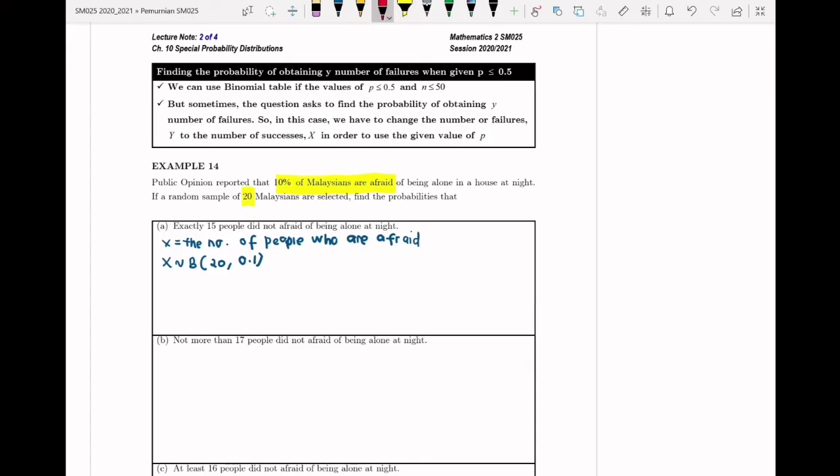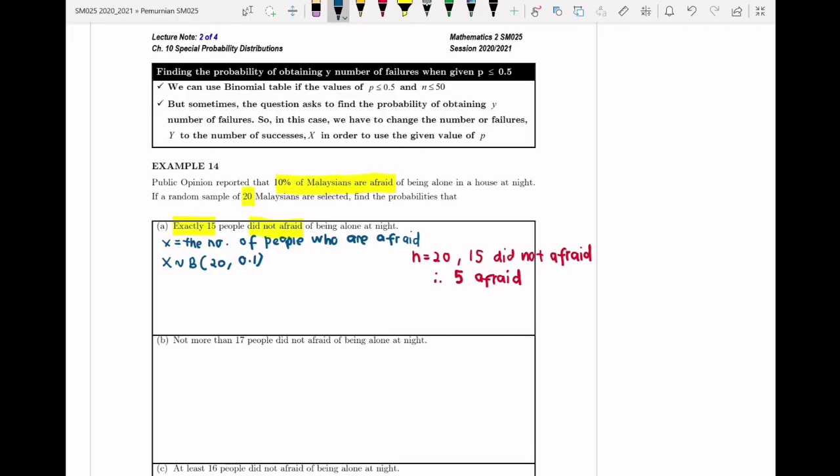The question tells us to find the probability that exactly 15 people did not afraid. So from n equals 20, we have 15 people did not afraid. Since we have let our distribution X as the number of people who are afraid, from 20 people, if 15 did not afraid, we only have 5 people afraid.